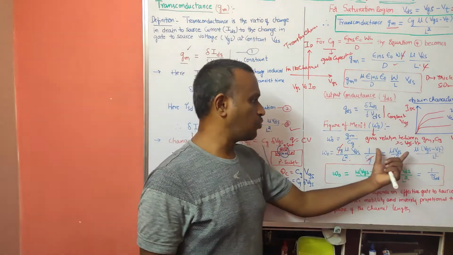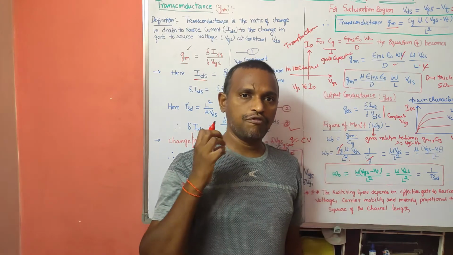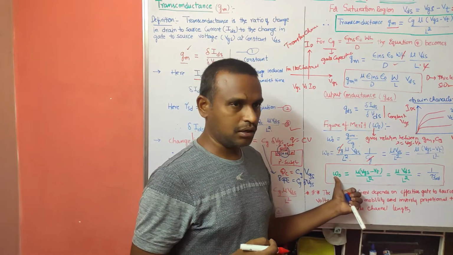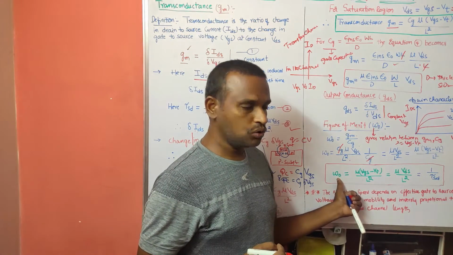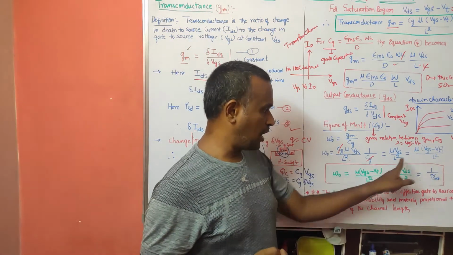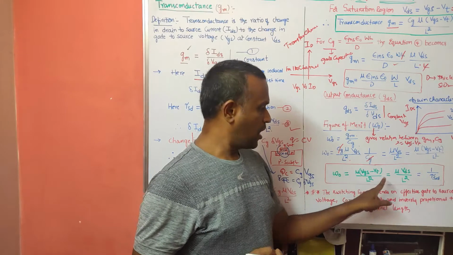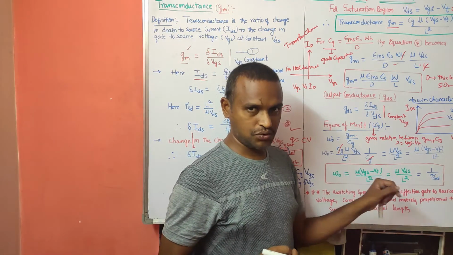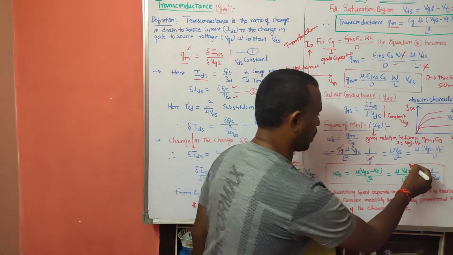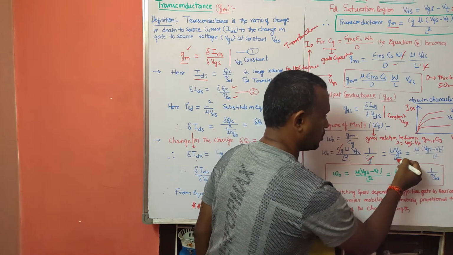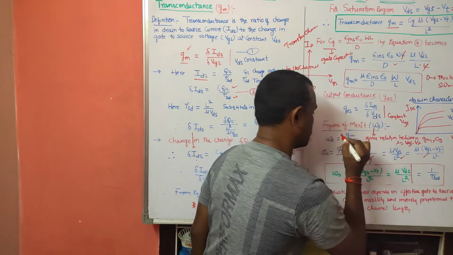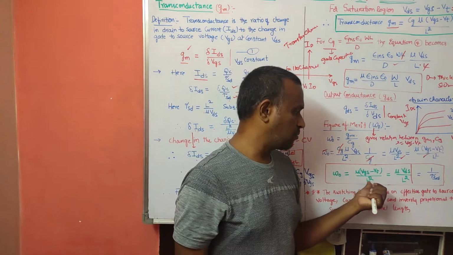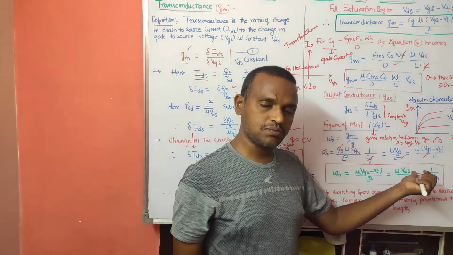Finally, omega naught is equal to mu (Vgs minus Vt) by L square, and as it is, mu Vds by L square. These two equations came from this.